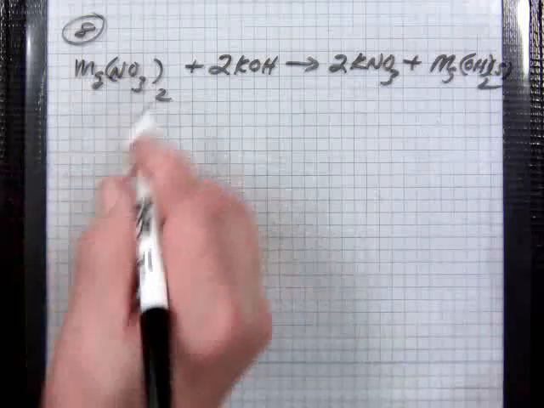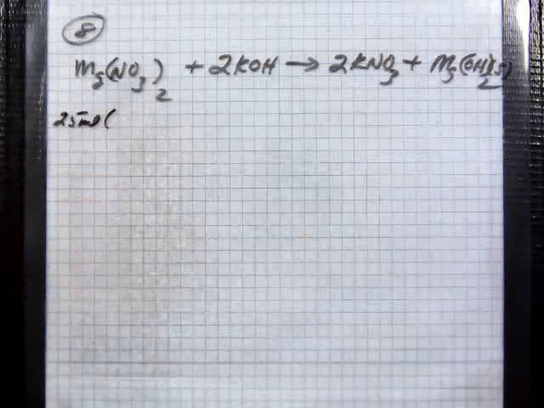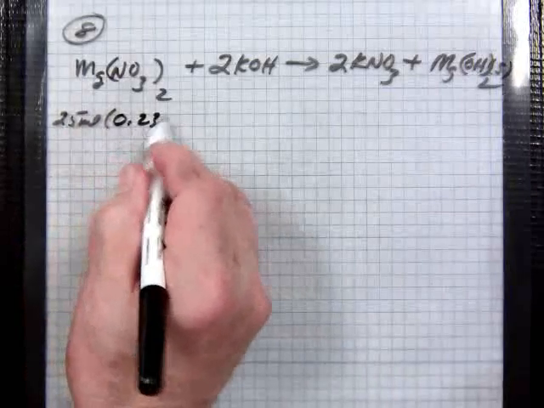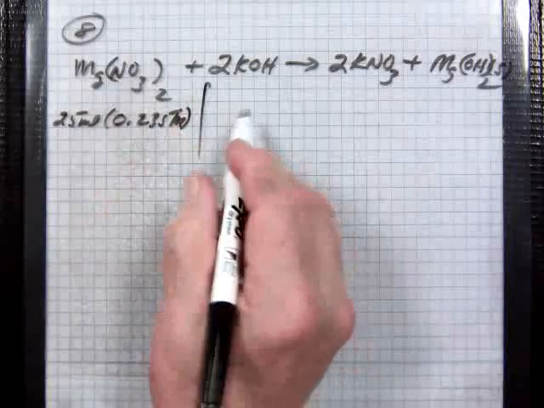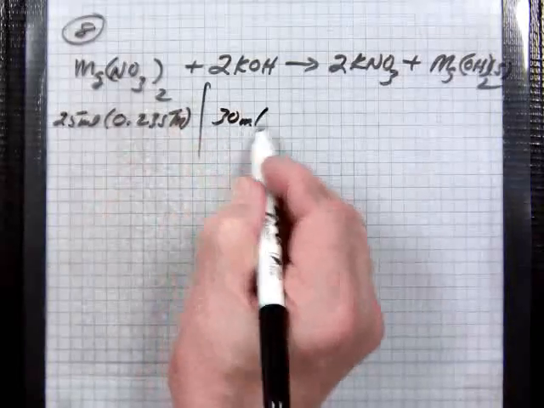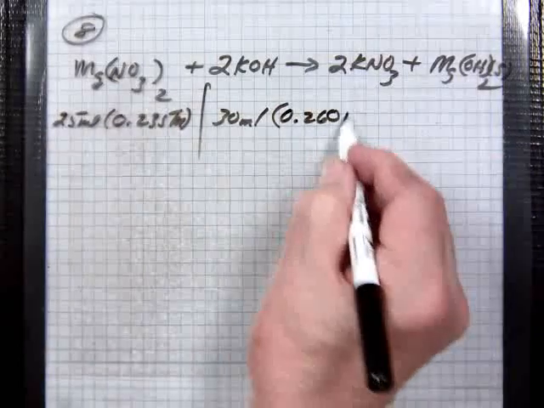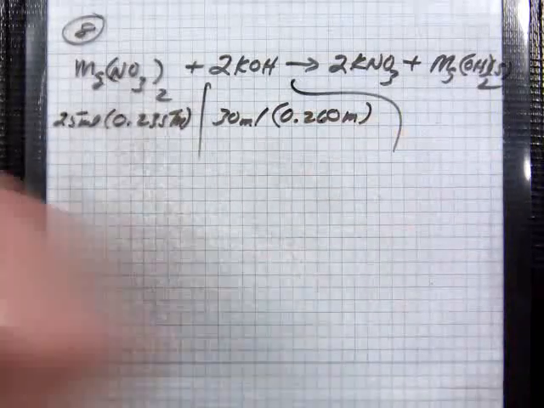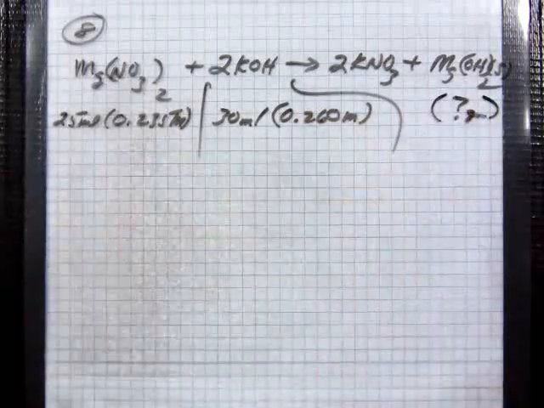25 milliliters of 0.235 molar is reacting with, or mixed with, 30 milliliters of 0.26 molar on this one. And really we're looking for how many grams are precipitating over here.